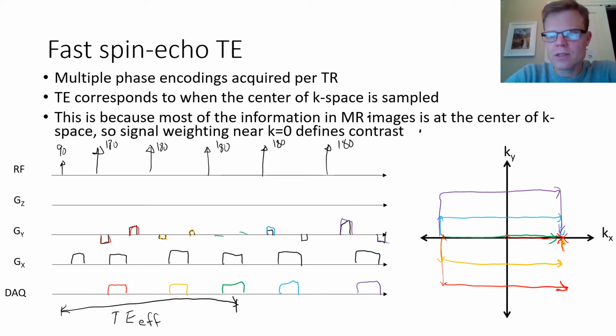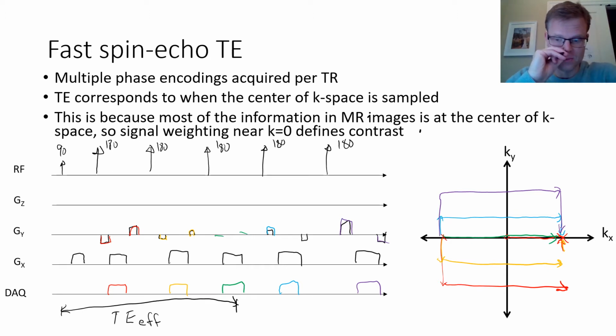And the reasoning for this is that most of our information, as you've seen in K-space images, most of the amplitude in K-space is near the center. So whatever weighting we put on the signal at the center of K-space is what defines the majority of the contrast.